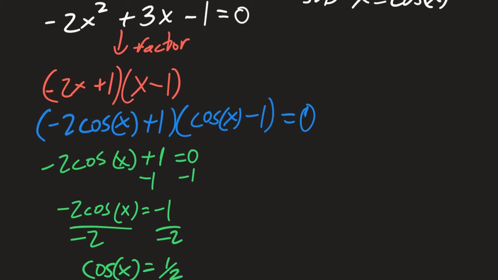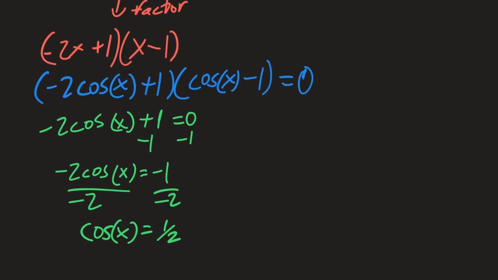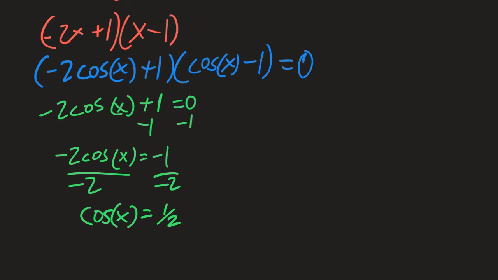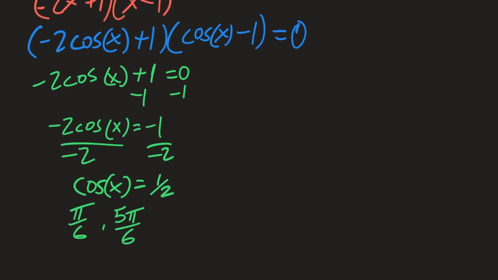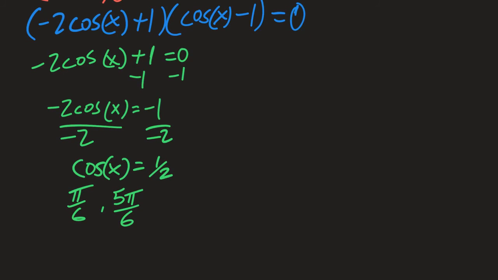Now let's think, what solutions do I get for that? We're going to say, hey, cosine is 1/2 on the unit circle twice. That is going to be at pi over 6 and 5 pi over 6. Okay, and if I were to go backwards and find my solutions for the negative portion, we're going to end up with negative 11 pi over 6 and negative 7 pi over 6.